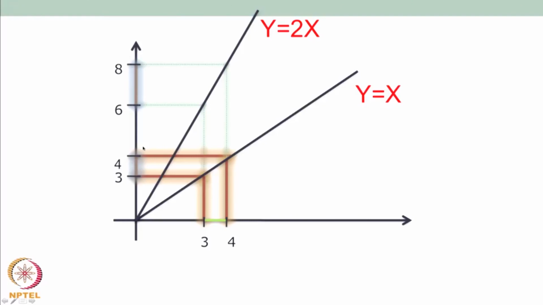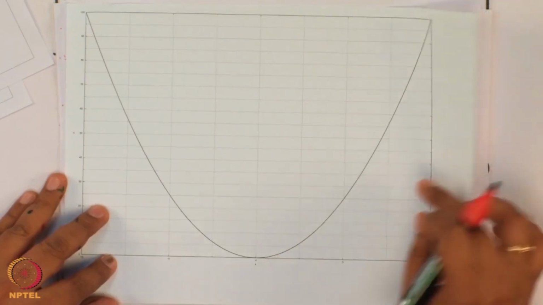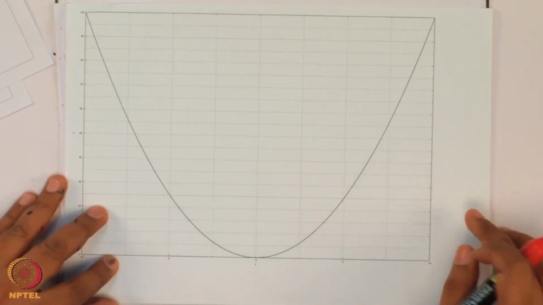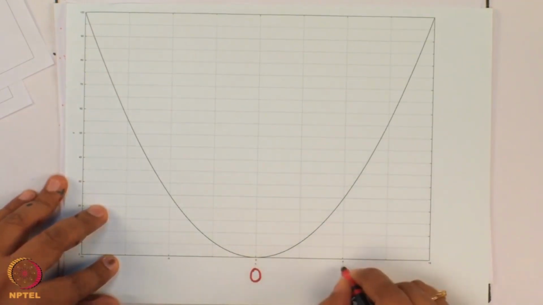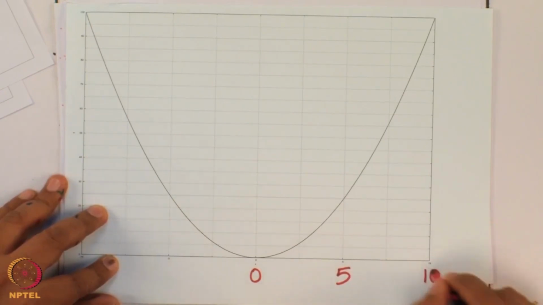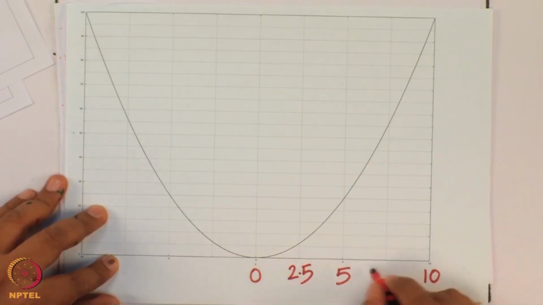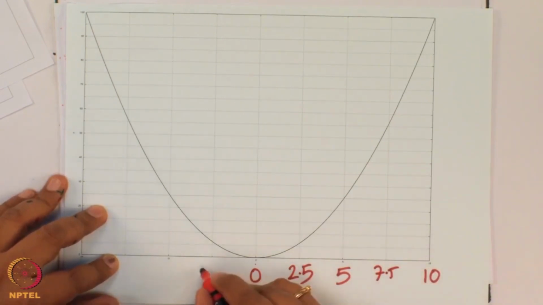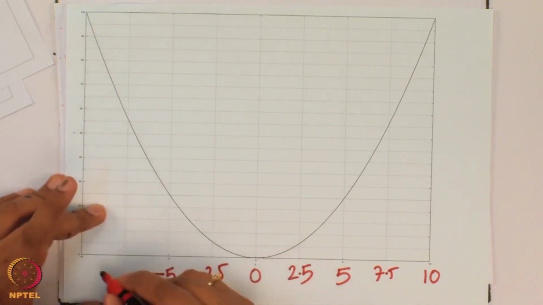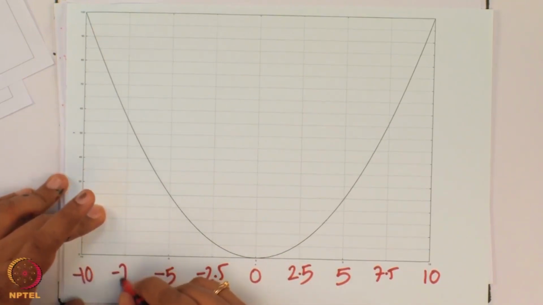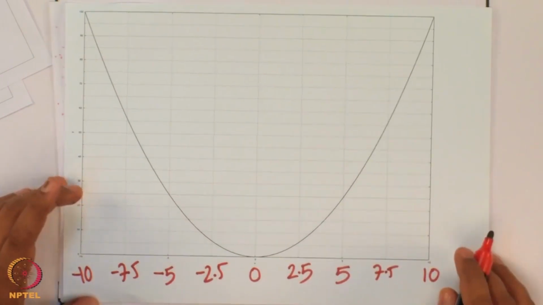Now we want to quickly understand this for a curve. Instead of a straight line, consider a curve like this. I have here 0, 5, 10, and in between 2.5, I would think, and this is 7.5, and this is minus 5, minus 2.5, minus 7.5, minus 10.